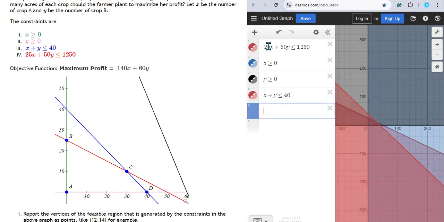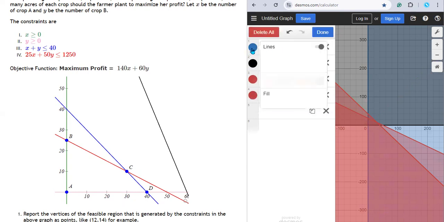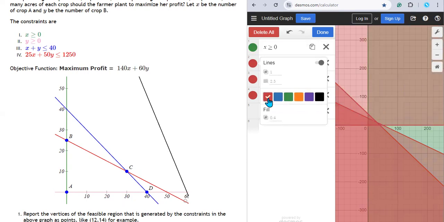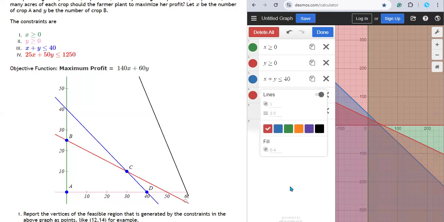And then I have this one up here, right? What I'll do is move this one down. I'm going to change this one to green. I'm going to change this one to pink, but there's no pink. Change this one to blue. And I'll keep that one red.